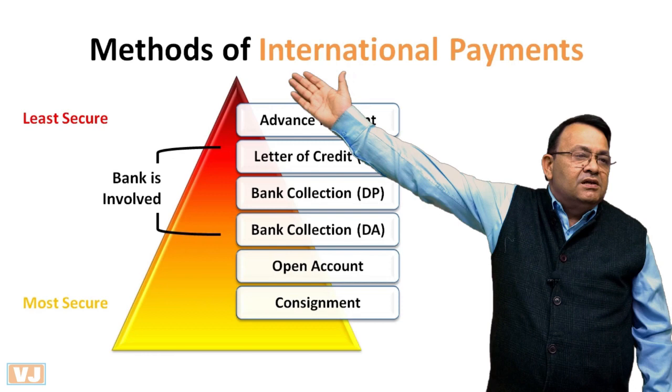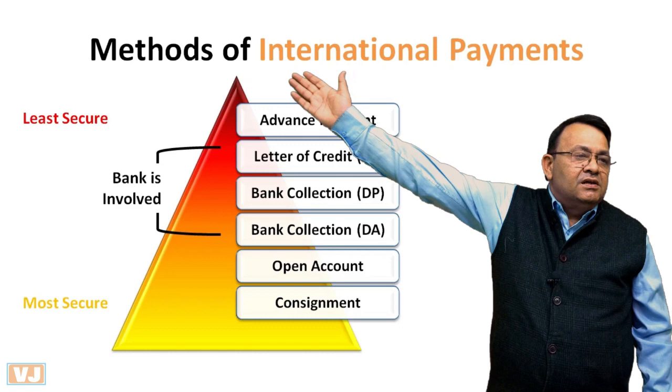So now let us talk about what are the different methods of international payments. It is very useful to know the different methods that are available to the importers for making international payments.